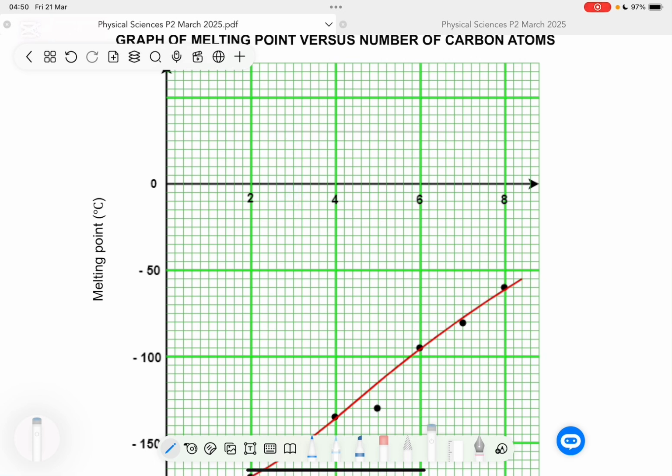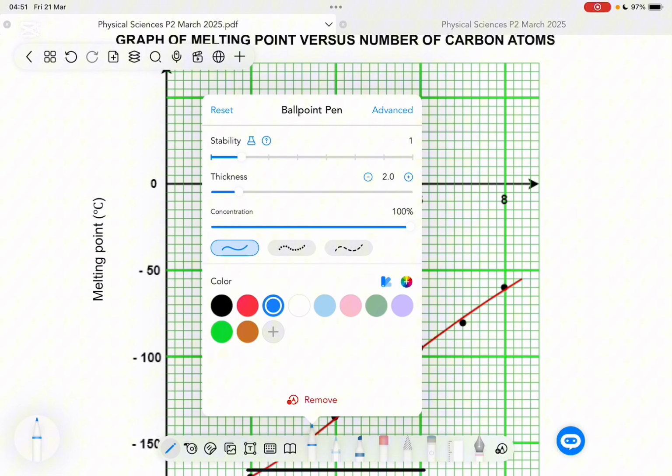Here we should have 3 carbon atoms. So it's important to look at the scale: 1, 2, 3, 4, 5, 6, 7, 8, 9, 10. This bar is broken up into 10 pieces. That would mean somewhere at halfway, at the 5 mark, we should have 1 carbon atom. So 1, 2, 3, 4, 5. Somewhere here we expect to have a carbon atom.